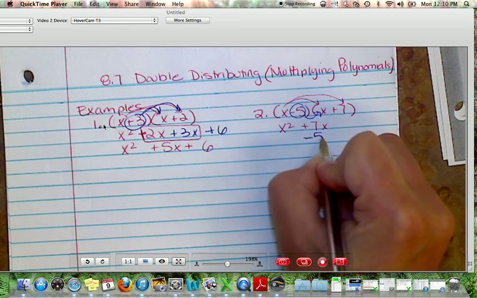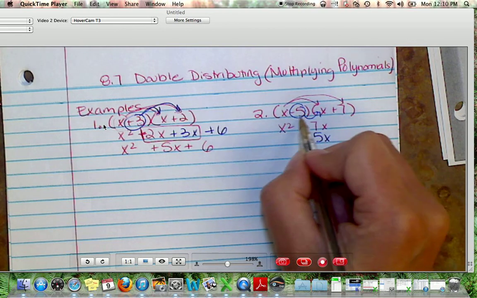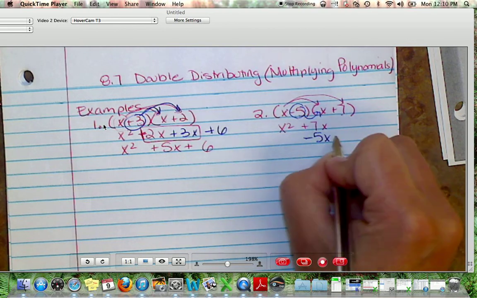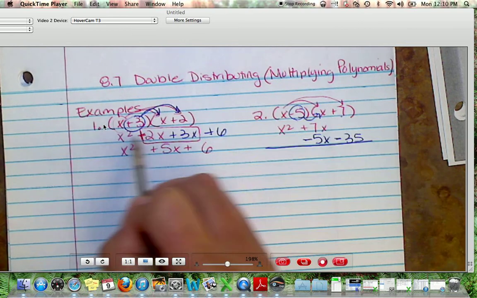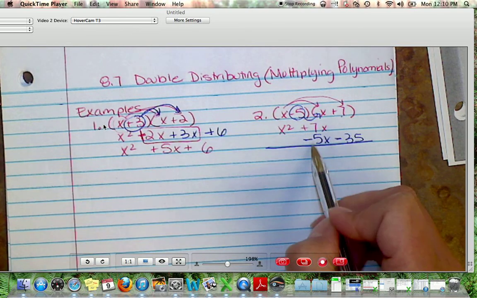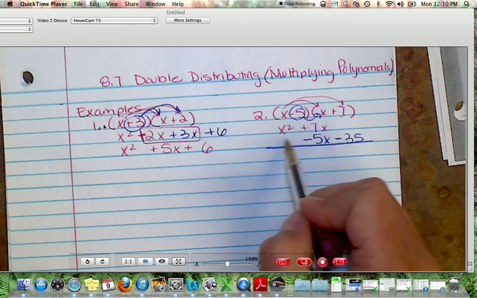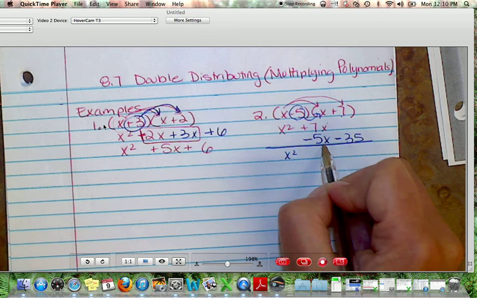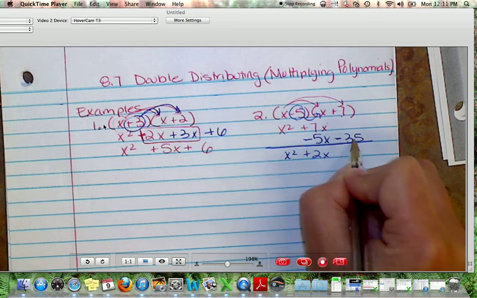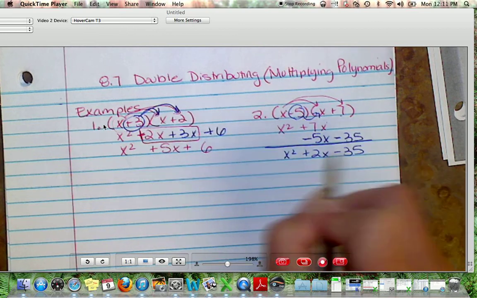I'm going to stack that underneath the other x. And then negative 5 times 7 would be negative 35. So it's kind of like the horizontal addition and the vertical addition. So now they're stacked. The x squared comes down. 7x minus 5x would be 2x. And the negative 35 comes down.